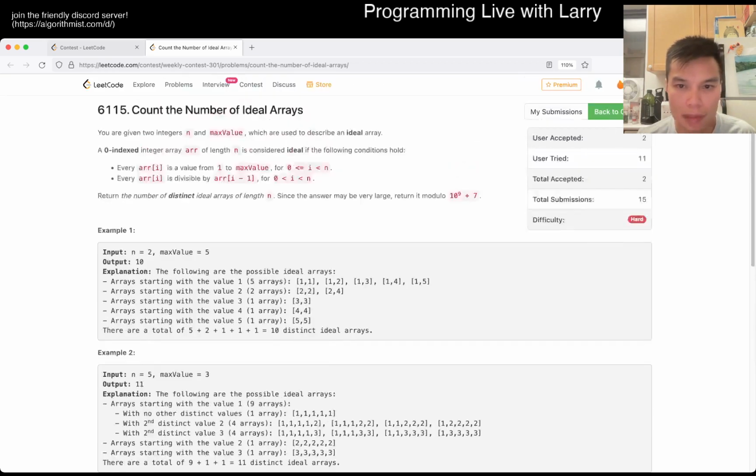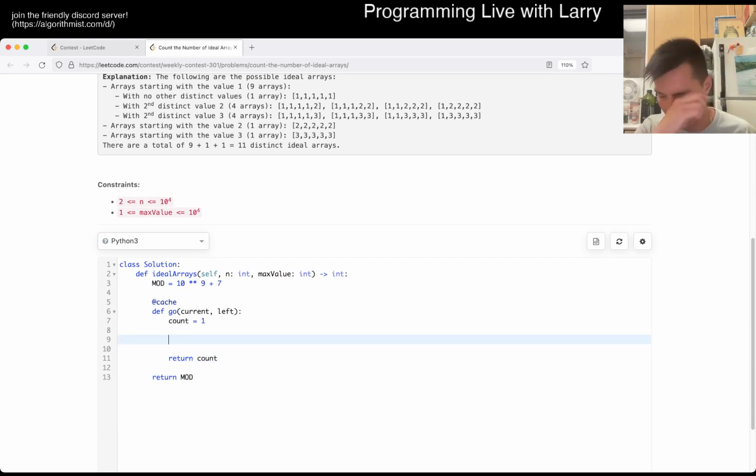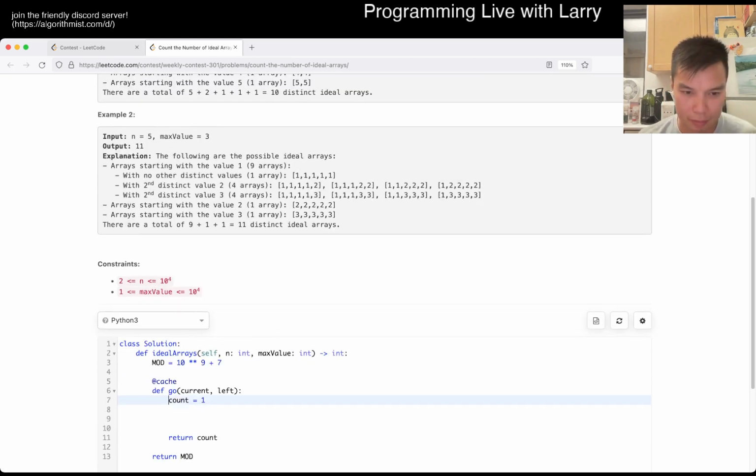Still a mod thing. Yep. I didn't actually miss it, but mod. Okay. So now we want to, we just assume that we don't go. Maybe, I don't know. I don't know if this is right, to be honest.